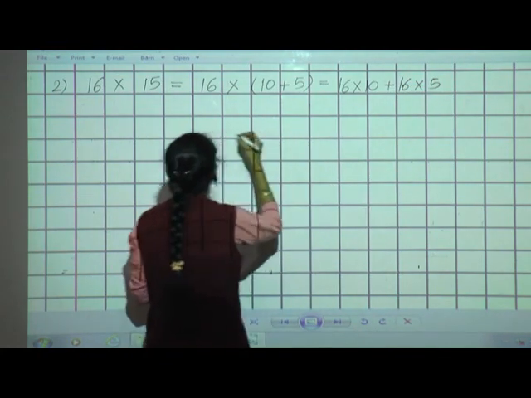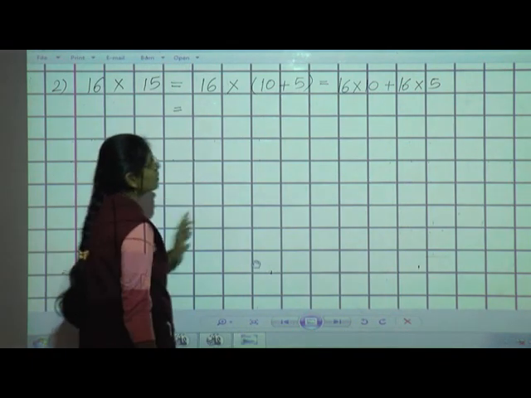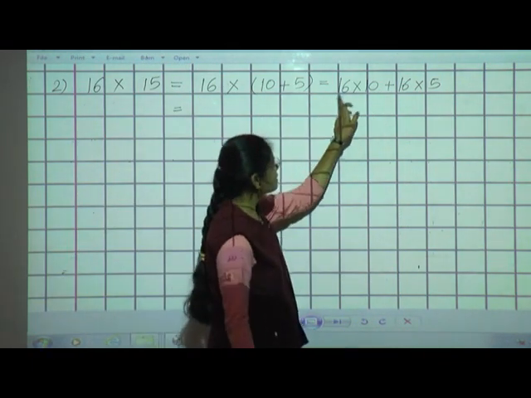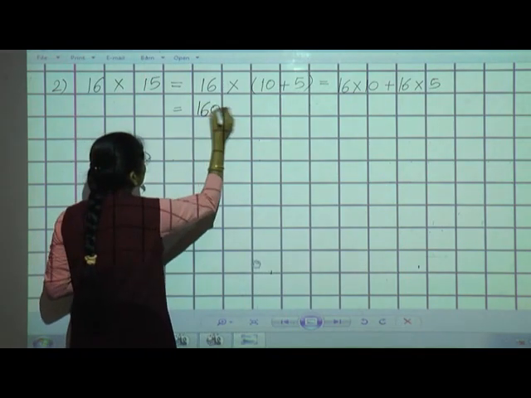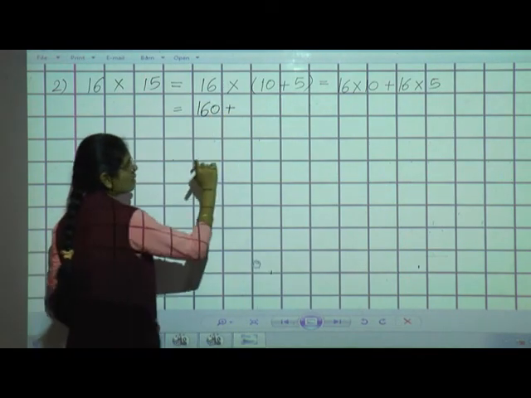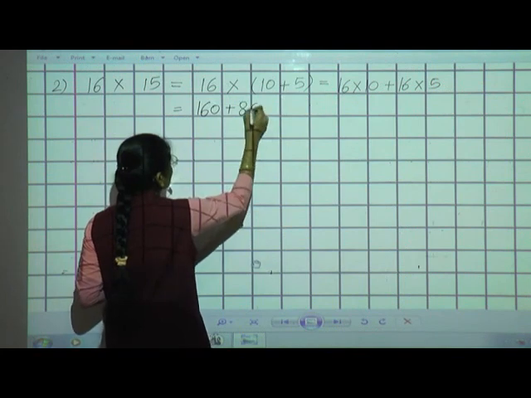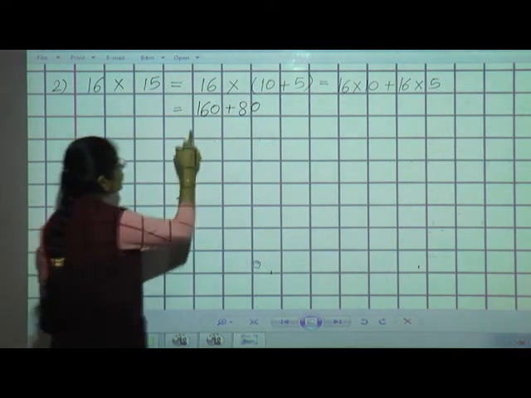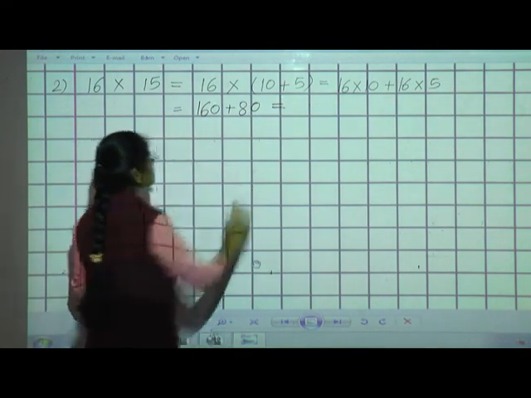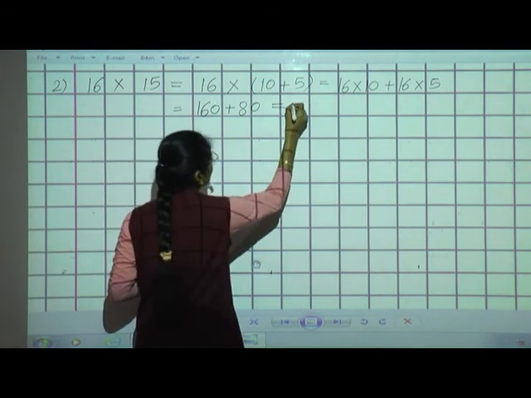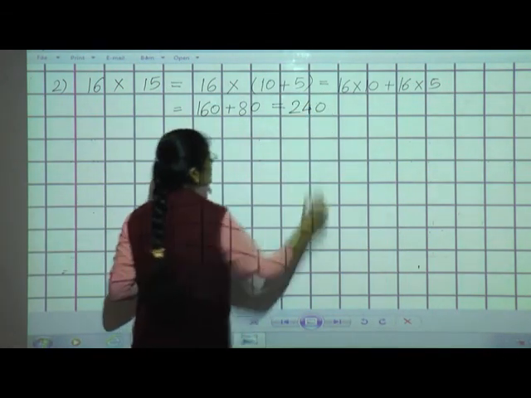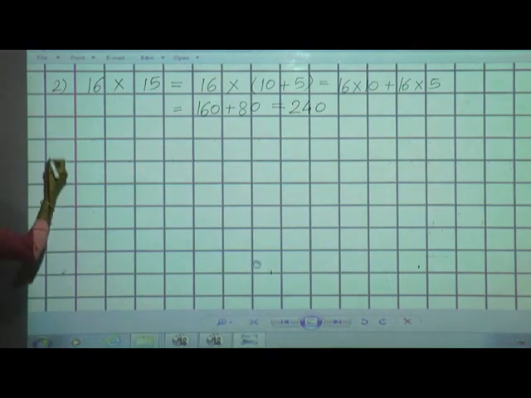Then is equal to, here we can write 16 into 10: 16 tens are 160, plus 16 fives are 80. Correct. Now you have to add these two numbers, 160 plus 80. What is the answer? Do the addition. Yes, 240. Understood? Okay.